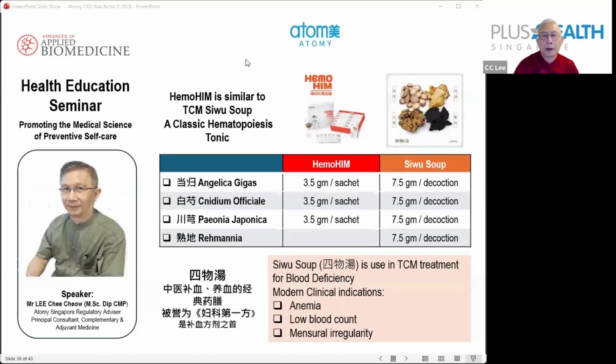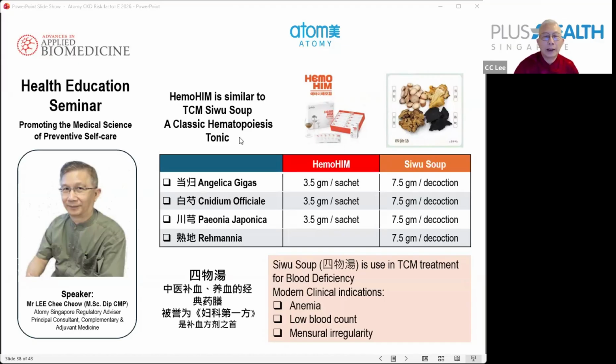Now, if you look at the composition of Hemohin, and if you want to understand what Hemohin is normally used for, I share with you a comparison of Hemohin with one of the TCM classic hematopoiesis tonics. So this is the Hemohin composition, as we mentioned earlier.